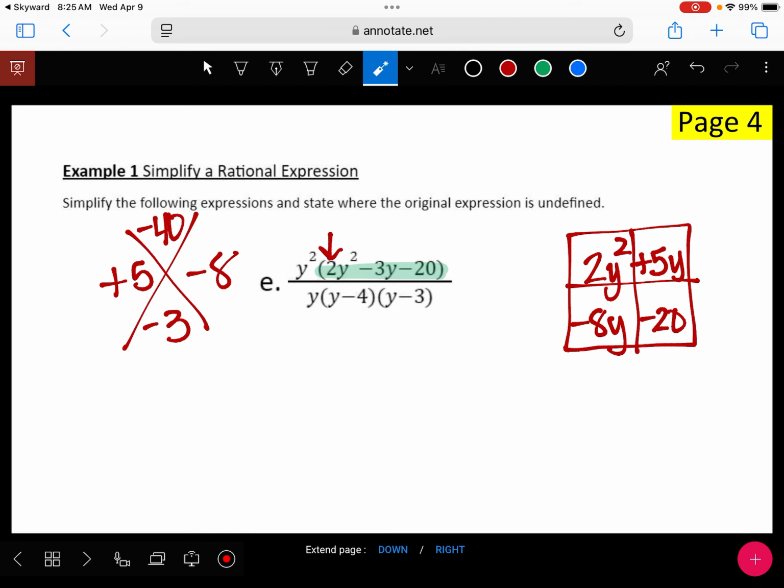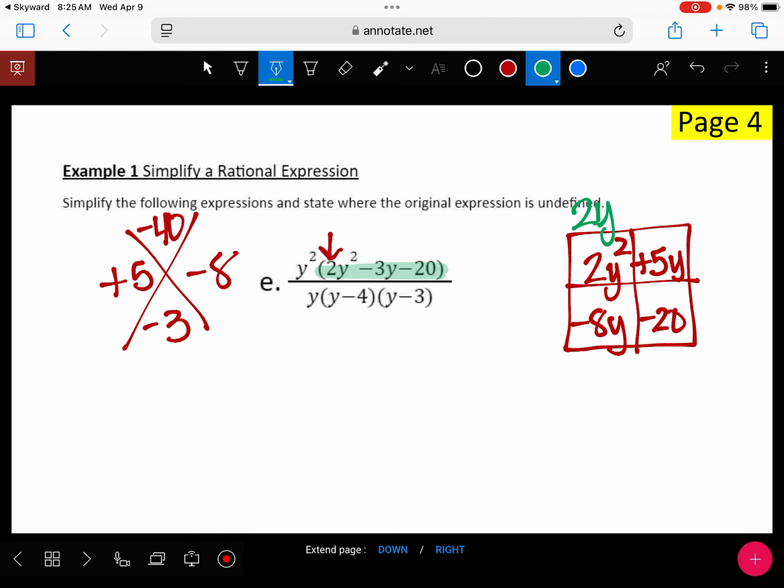We'll start off with these two. What am I taking out of the 2y and the negative 8y? What's my greatest common factor out of these two? 2, yep, 2y.